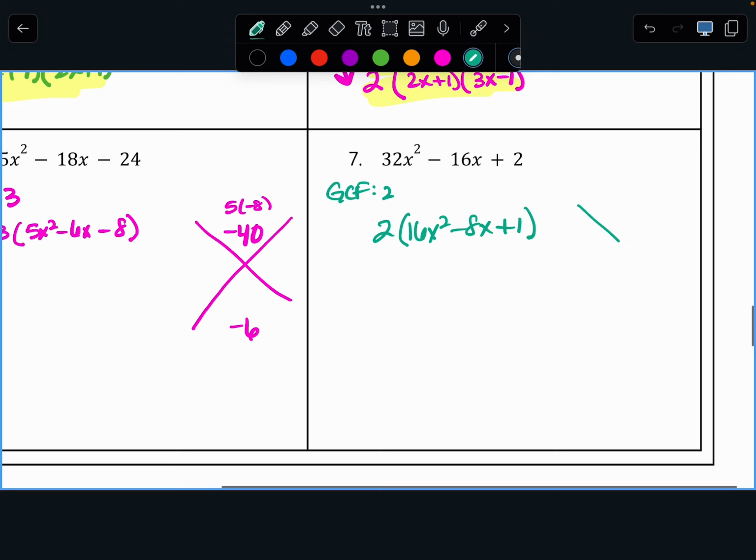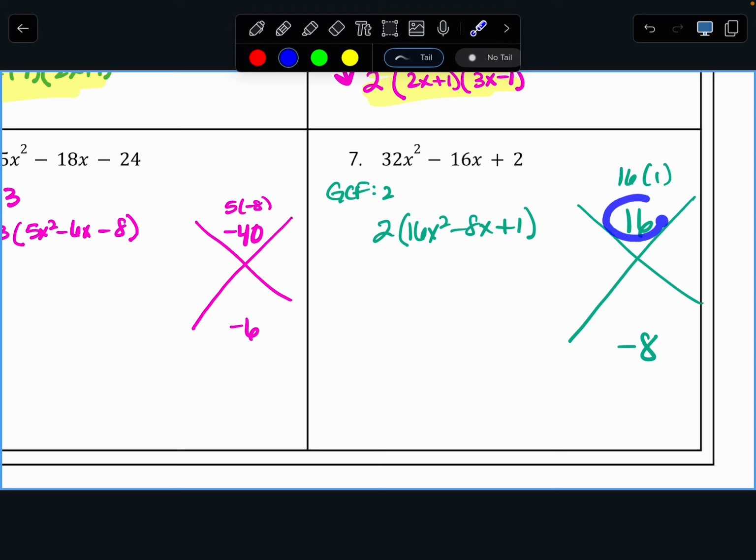And when I do the x puzzle, that's 16 times 1, which is 16, but then I end up with negative 8 down here. So I want to figure out what my answers are going to be to end up with a positive 16 but a negative 8. And don't forget to bring that 2 down when we're all done.